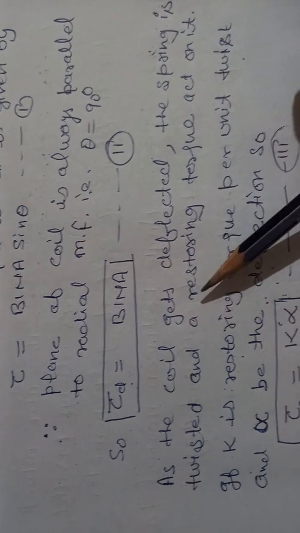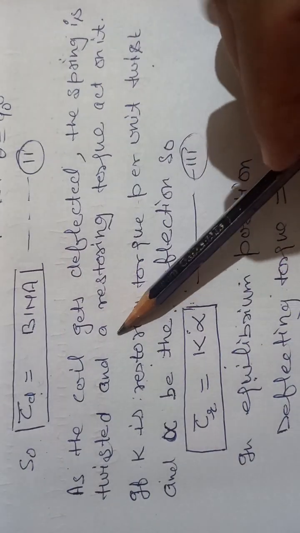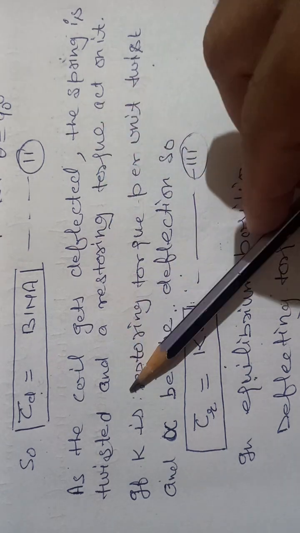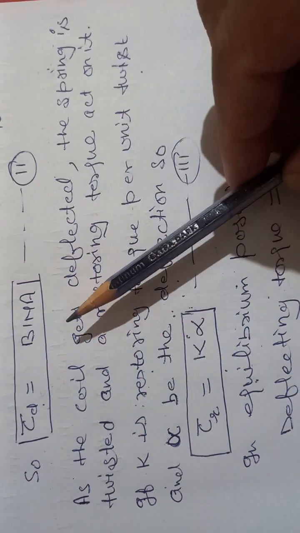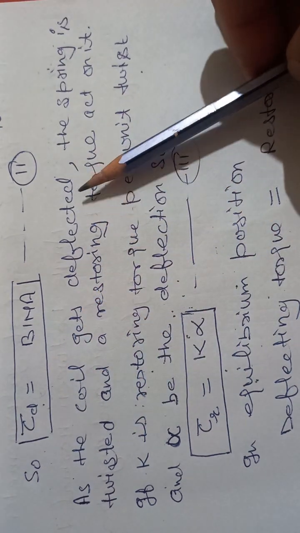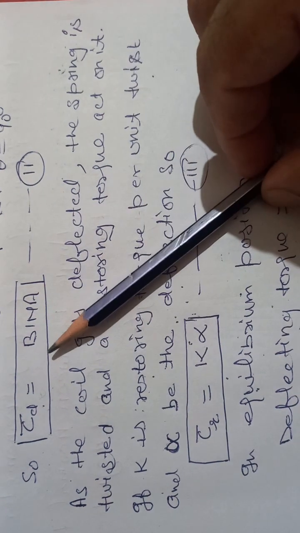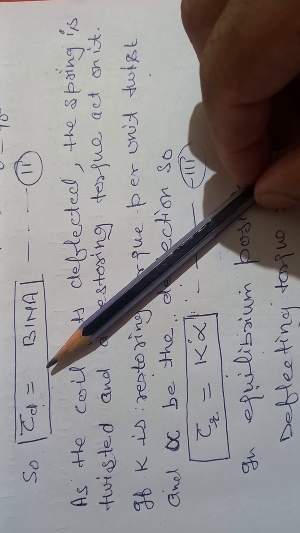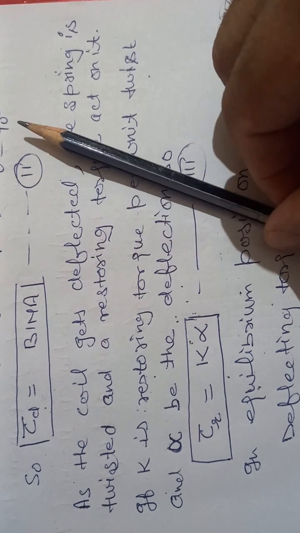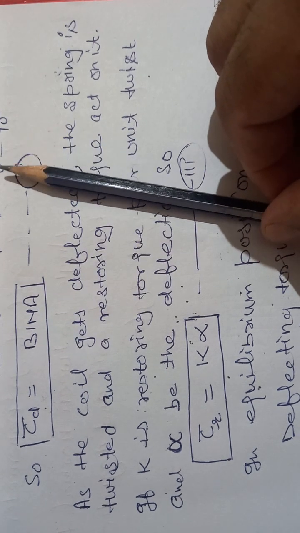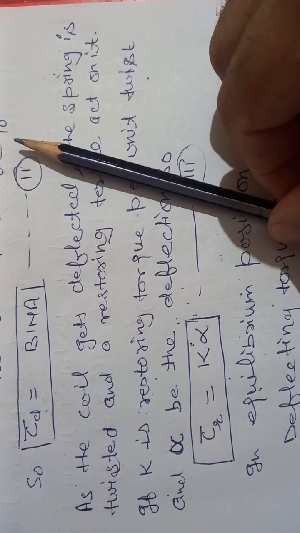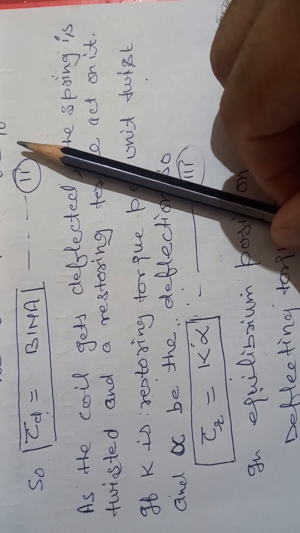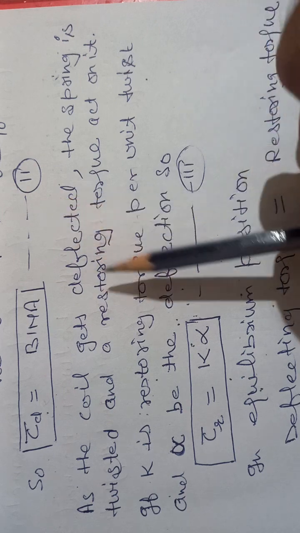As the coil gets deflected, the spring is twisted, and a restoring torque acts on it this way. If this is the coil of MCG, when the current is passed, it will deflect. When it deflects, the spring wants to restore, and that restoring value is the restoring torque.